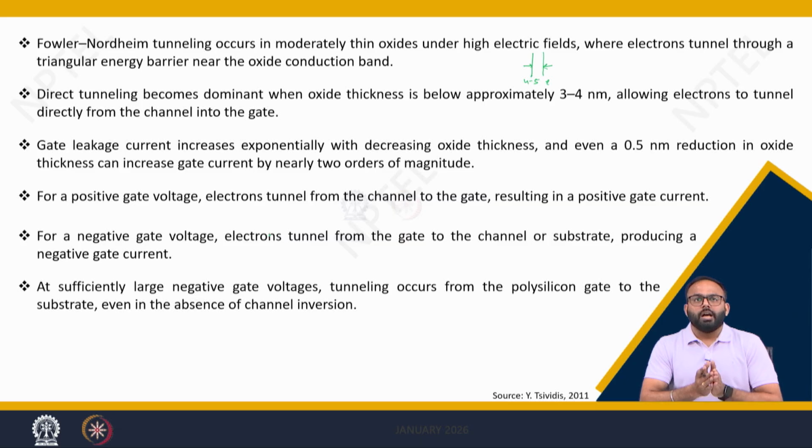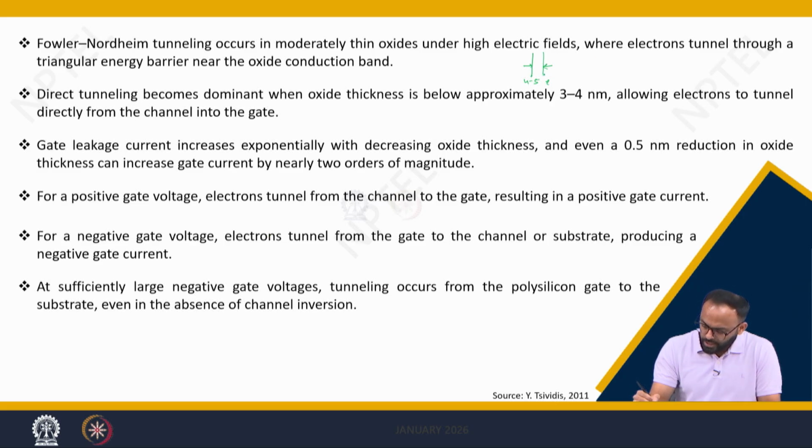This tunneling occurs even in moderately thin oxide layers where a high field is present, and it happens exactly at this region where the triangular potential forms. However, when the oxide thickness becomes very thin in comparison to the previous thickness of 4 to 5 nanometers, in the range of 3 to 2 nanometers, then band-to-band tunneling happens.